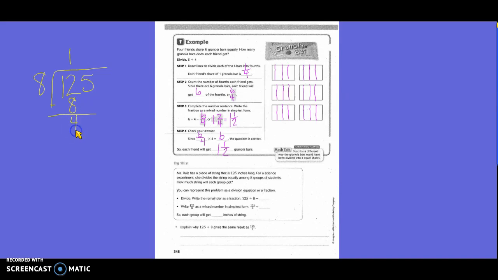Bring down your 5. 8 into 45? 5 times. 8 times 5 is 40. 45 minus 40 is 5. Do I have any more to bring down? No. So this is where I make it into a fraction. So it'd be 15 and 5/8 because you use your divisor as your denominator. So we said that we get 15 and 5/8.